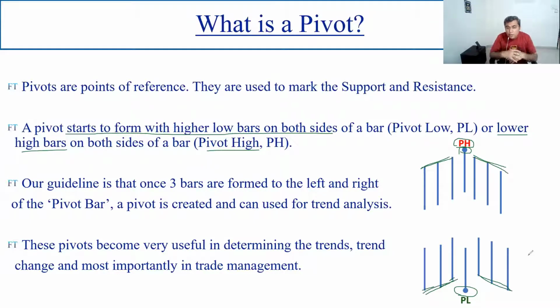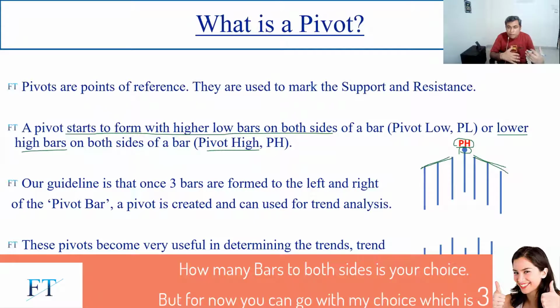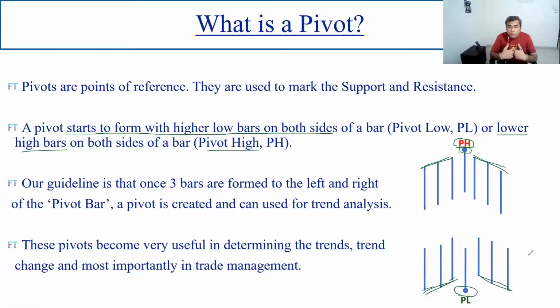Now the question comes, how many bars to its left and right will make it a pivot high or a pivot low? For our convenience, and with the experience I have gained over the years, I have made it a rule, a guideline for myself, that whenever we have at least 3 bars on either side of a pivot high, we will call it a pivot high.